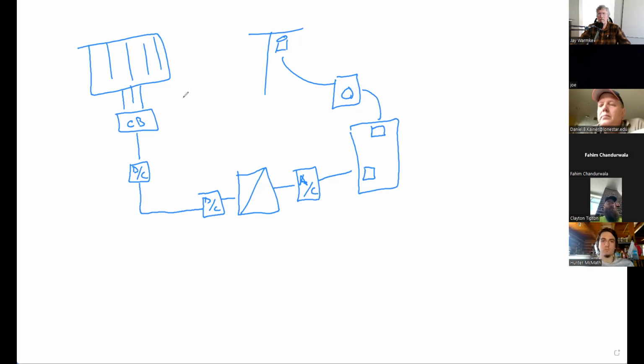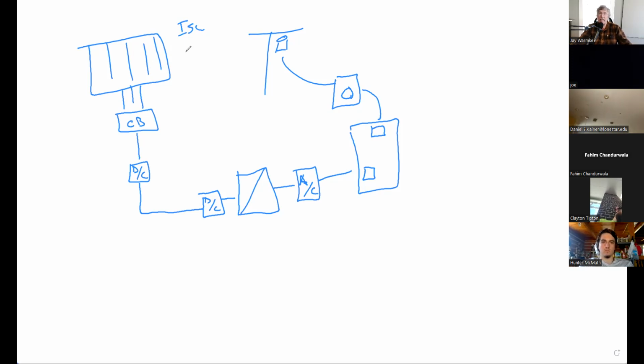Everybody remember that from chapter 4? So the ampacity that we're going to worry about for each string is going to be the ISC of one panel, because regardless of how many panels I hook together in a string, the amps are going to remain the same. They're going to be whatever the amps were from a single panel. The voltage is going to increase, but the amps remain the same.